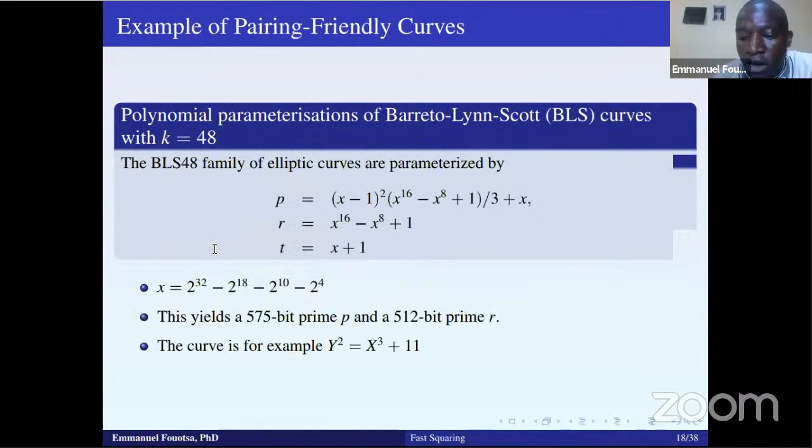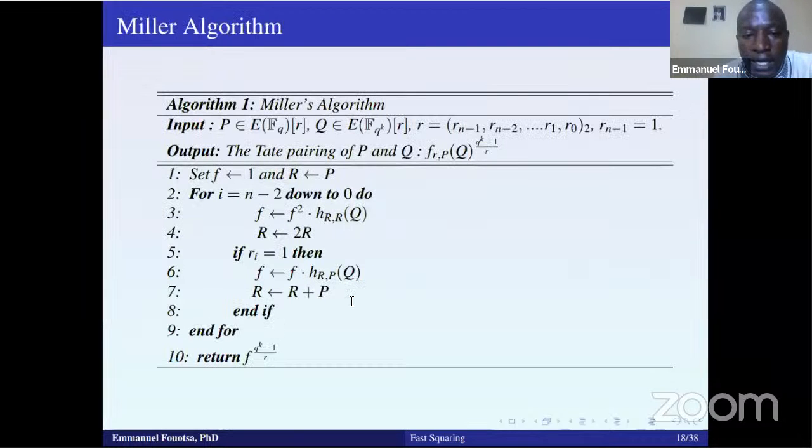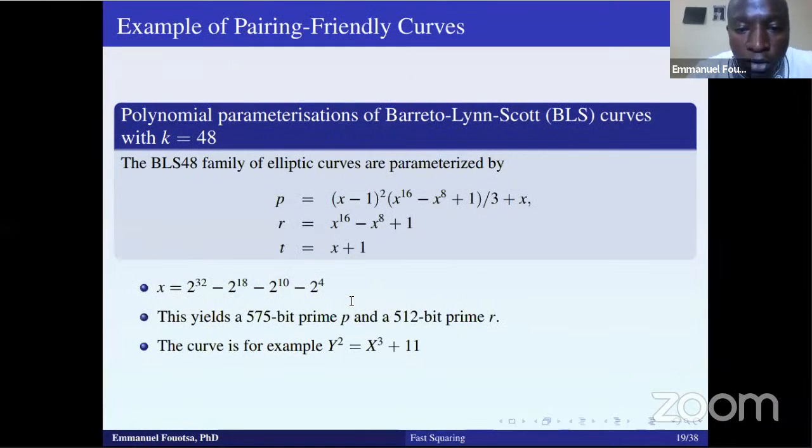Some interesting ones prescribe that we can obtain those pairing-friendly curves with polynomial parametrizations. It simply means that you can parameterize them by polynomials.